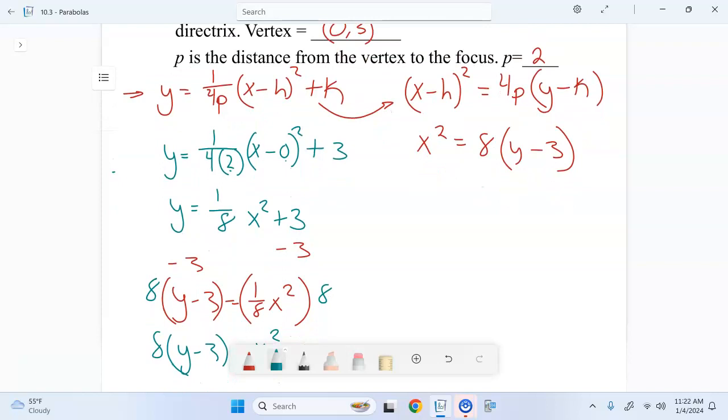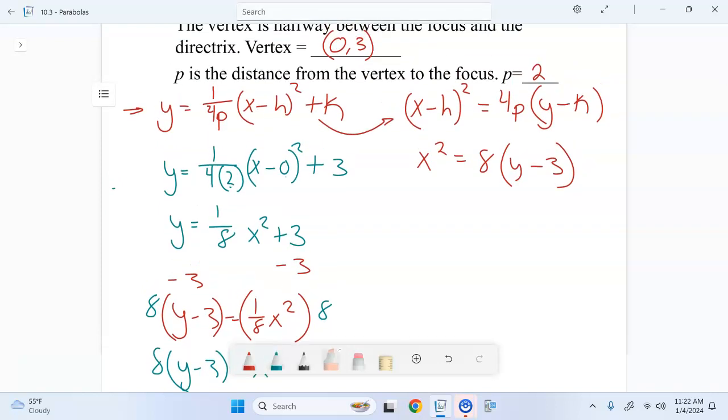Alright? Notice in the different forms, with vertex form, there's a sign switch on h, but in standard form, there's a sign switch on h and k. Okay, there's a sign switch on both of those. So you got to be really careful when you're looking at those formulas. Pay close attention to the details. All right?